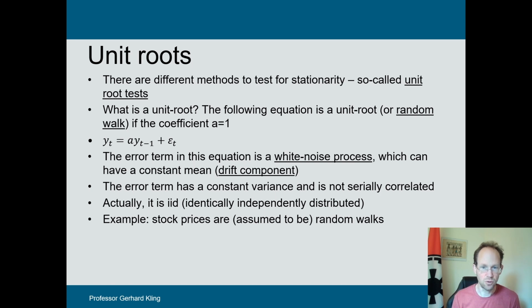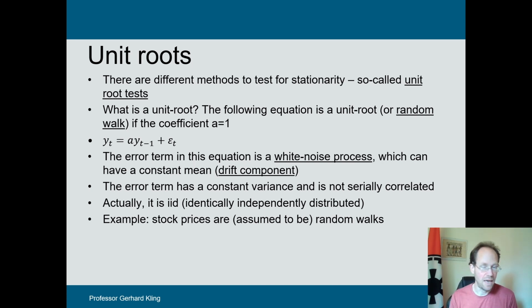Note that the error term epsilon t is IID distributed, which means that it is identically independently distributed. Hence, the error term is a white noise process. Past realizations cannot predict future realizations. The error term is stationary.